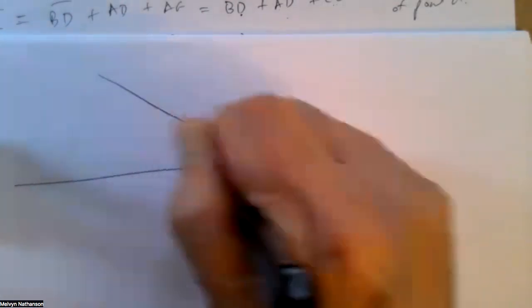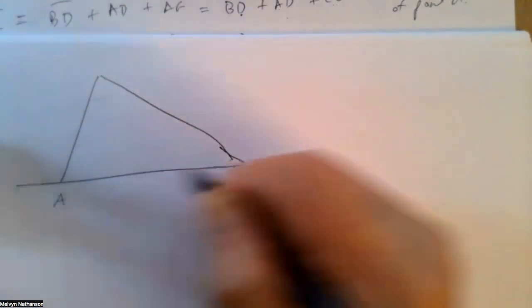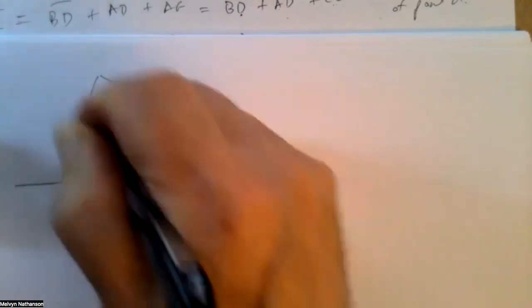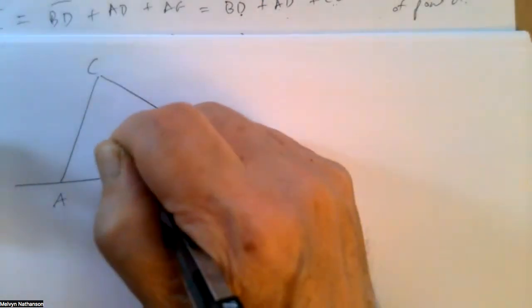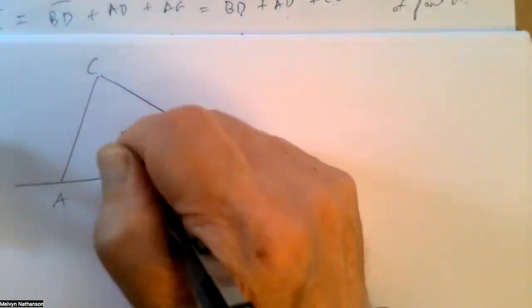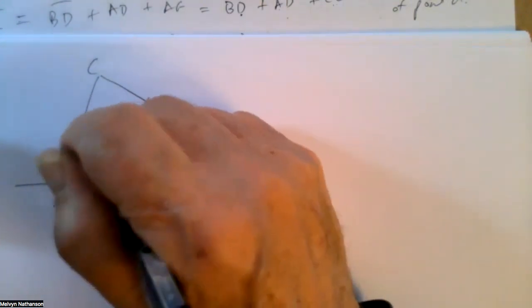Okay. Let me draw this picture again. Let me do it better. So this is my triangle A, B, C. This is the incenter O. And I have the perpendiculars to the three sides of the triangle.